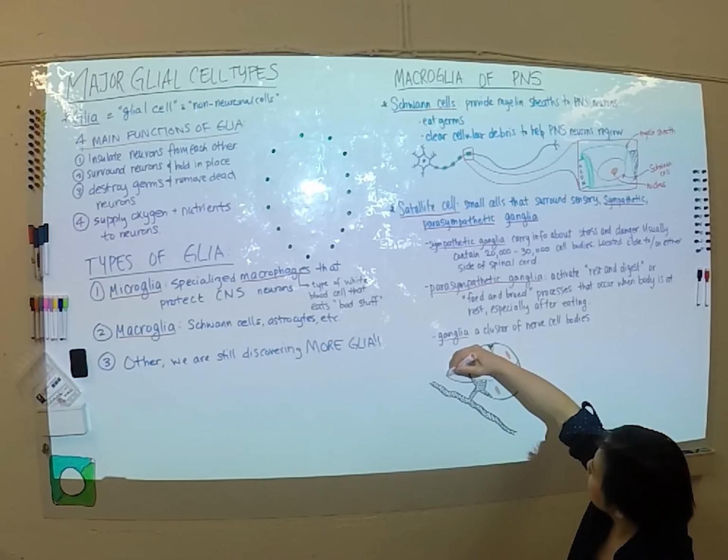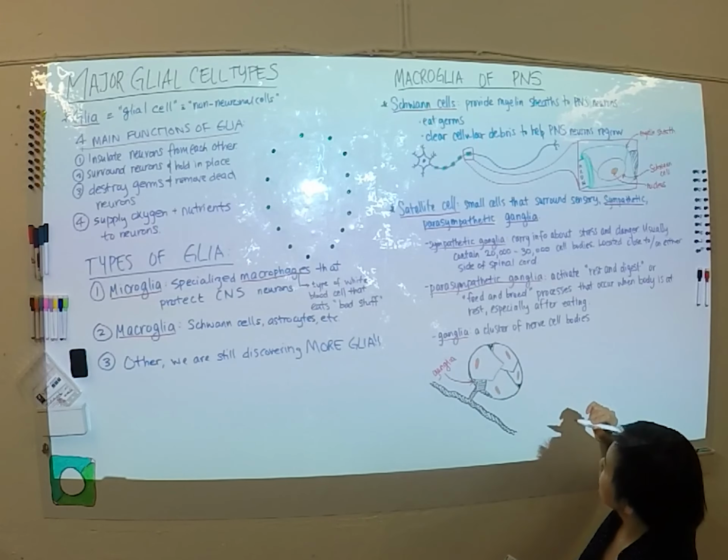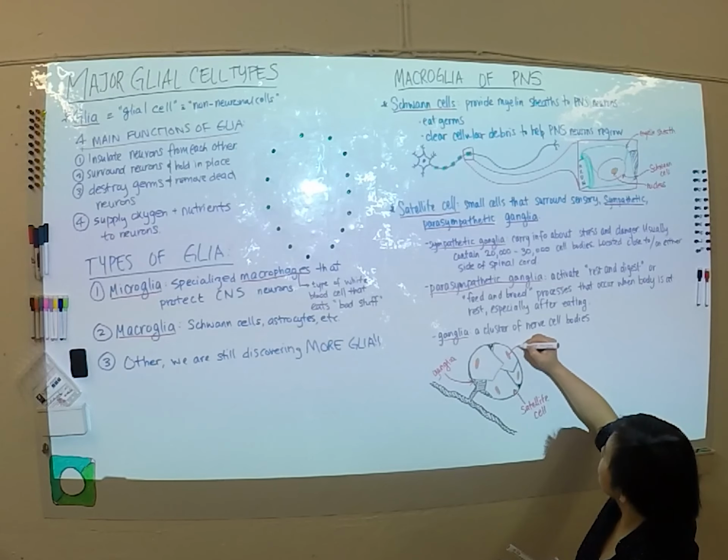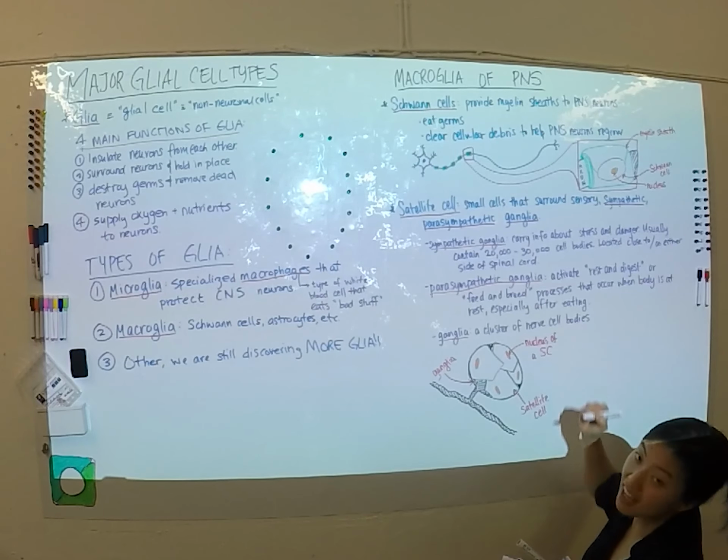So this is the ganglia. Okay? This is a satellite cell. And this is the nucleus of a satellite cell.